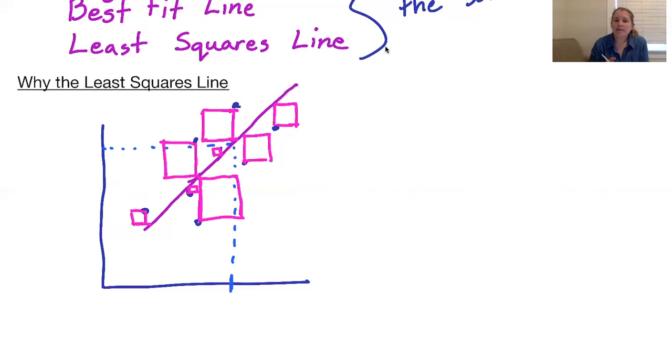So we find the area of each square. Add up all of the areas.